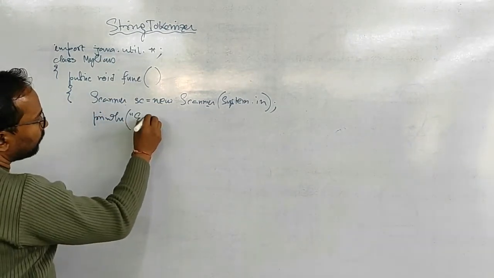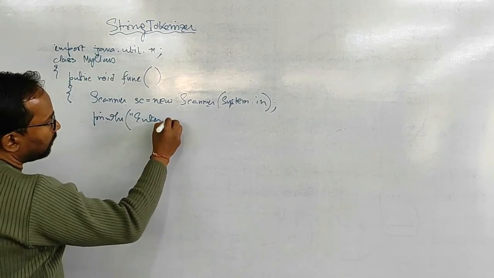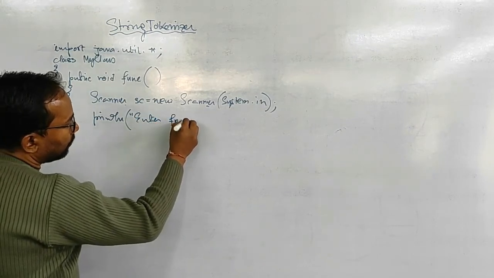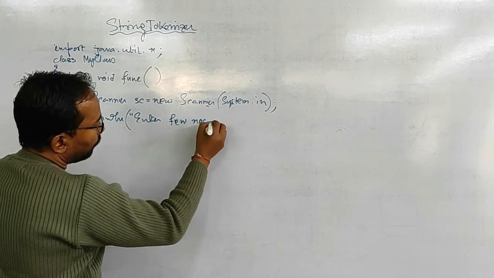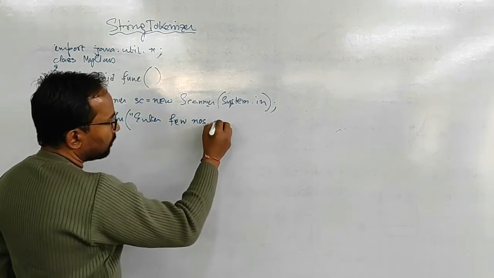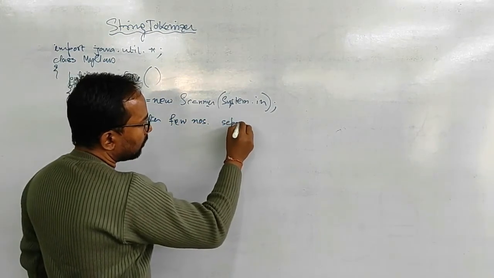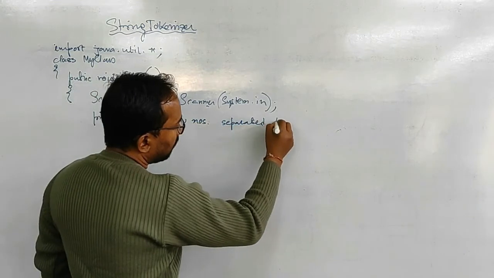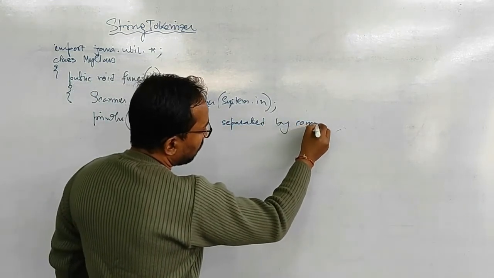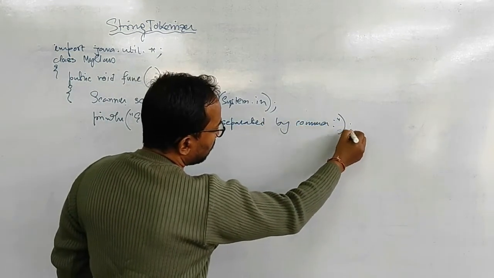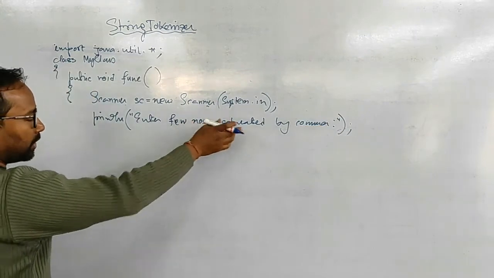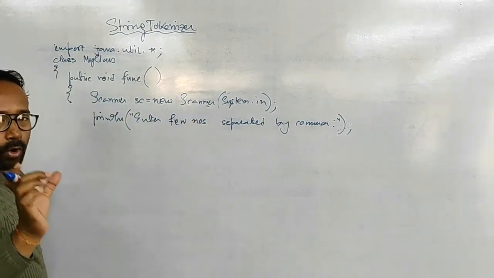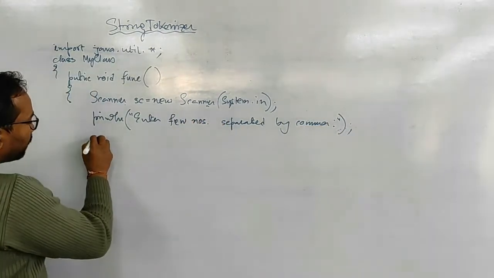Println, enter few numbers separated by comma. So I am asking few numbers separated by comma. So the user will give comma separated numbers.